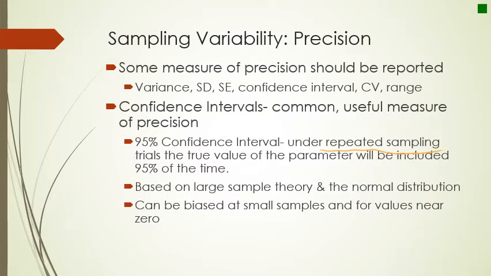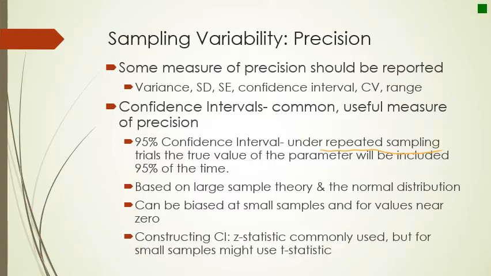Now, when we go out and collect any individual sample, we don't know whether the true value is included within that confidence interval or not. If we were to go out and collect repeated samples, we would know that 95% of the time the true value is included within those confidence intervals. But it's a slight, subtle distinction, but an important one to make.